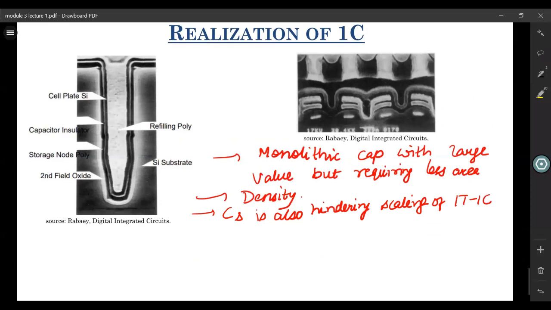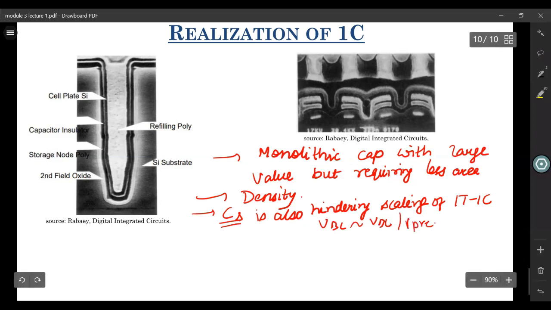Because if you're scaling down the technology nodes, your CS is reducing, and as such, your charge transfer ratio is reducing, and the voltage at the bit line doesn't change much. It remains at the bit line itself, VBL, our pre-charge value, VP itself. As such, you'll have to do a lot of things with the sense amplifier.